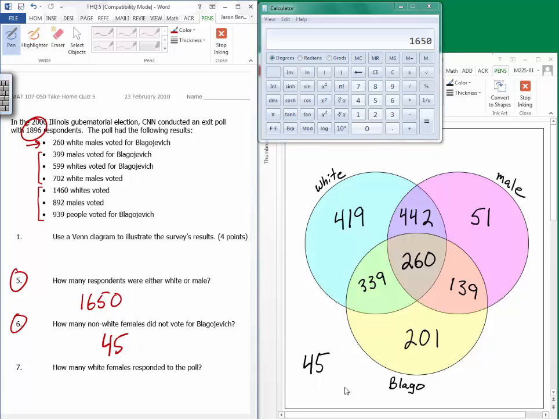And number 7 says how many white females responded to the poll. So that's how many people are within the white circle, so in this cyan region here, but outside the magenta. So that's 419 plus 339, 758.